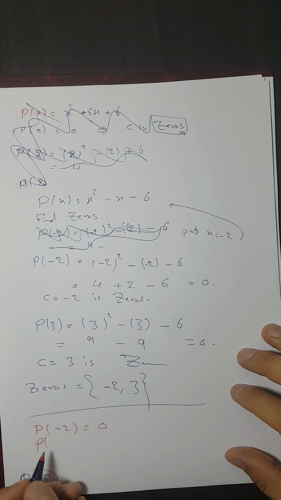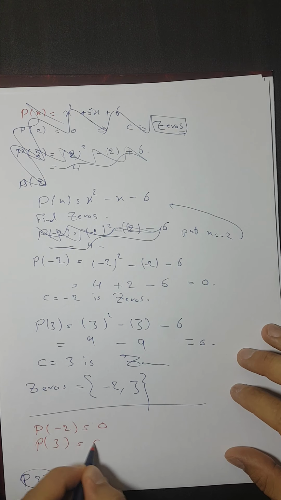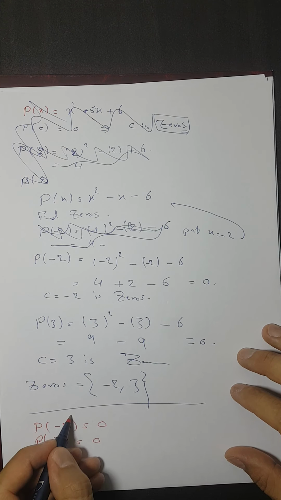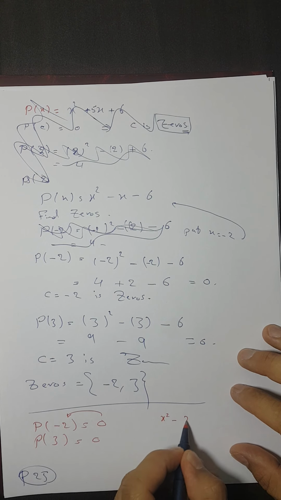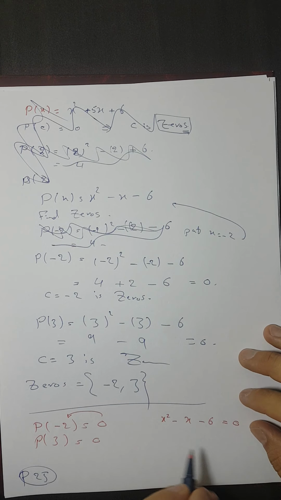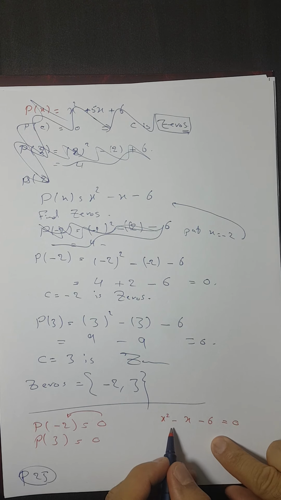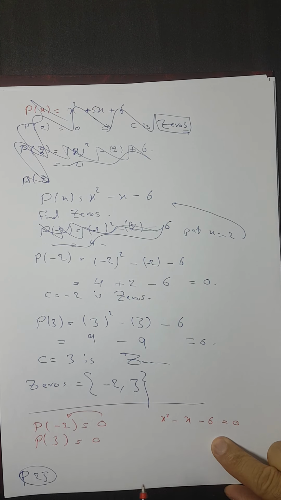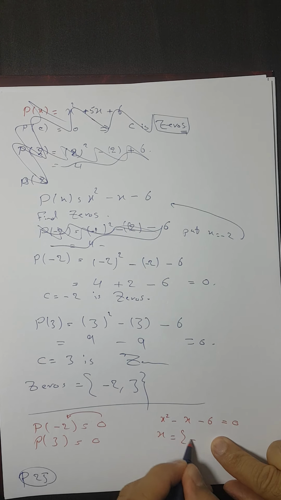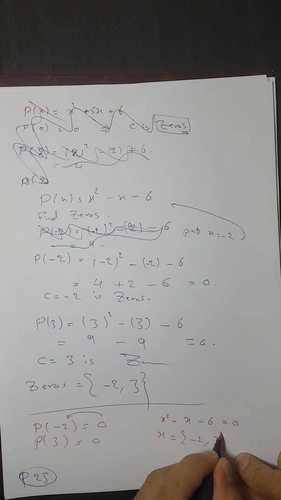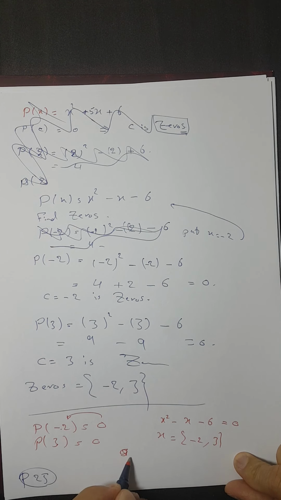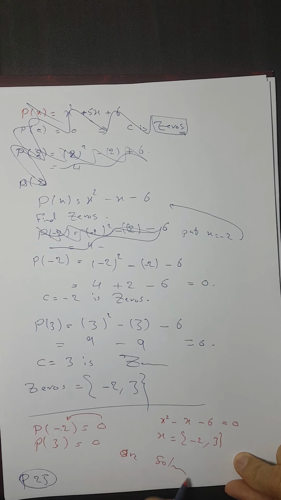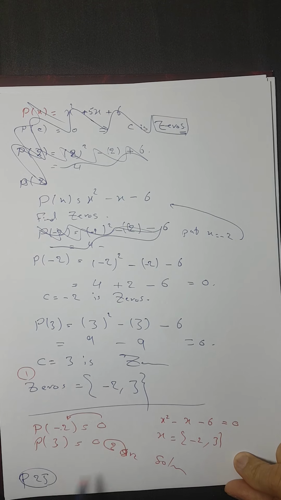If I say x is equal to 3, I also get 0. This is also the solution. Why? Because I have x squared minus x minus 6 is equal to 0. So the solutions of this example are when the value of x is equal to minus 2 or 3. So minus 2 and 3 are solutions. So this is number 1, number 2.